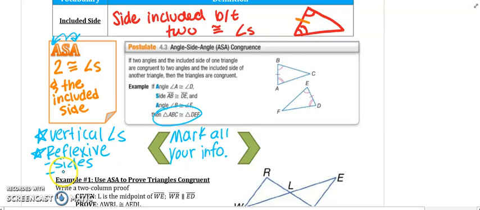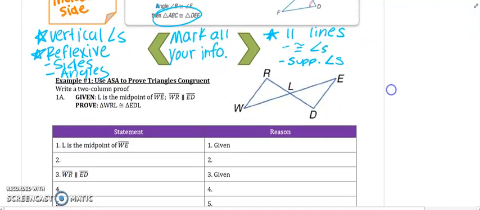Starting today we'll also be using it for angles. And then remember we've used some parallel lines. They can show us that angles are congruent, or they can show us that angles are supplementary, depending on whether they're consecutive interior, alternating interior, corresponding, etc.